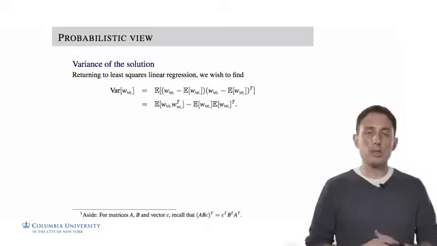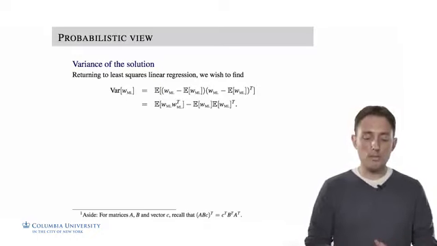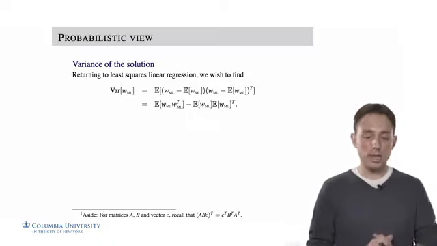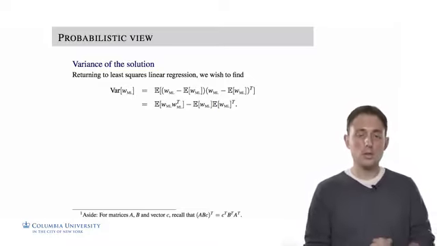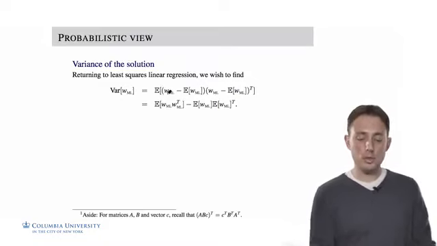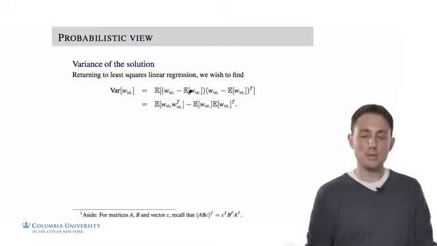Let's return to the least squares linear regression problem and calculate the covariance of the maximum likelihood solution under the Gaussian assumption. What we're asking is the expectation of the maximum likelihood solution minus its expectation, times that same thing transposed.